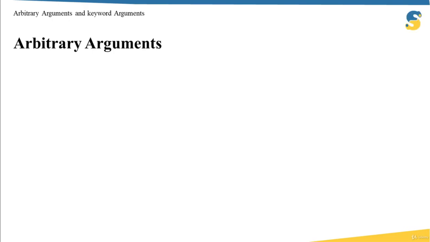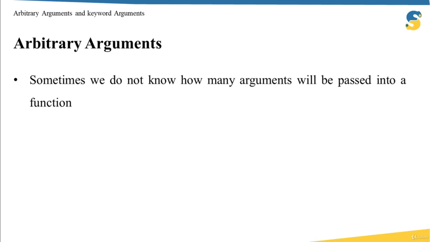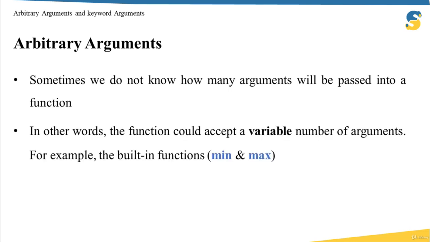First of all, let's start talking about arbitrary arguments. Sometimes we don't know how many arguments will be passed into a function. Or in other words, the function could accept a variable number of arguments, so the function can work regardless of how many arguments you want to pass. An example of this case is the built-in functions like min and max.